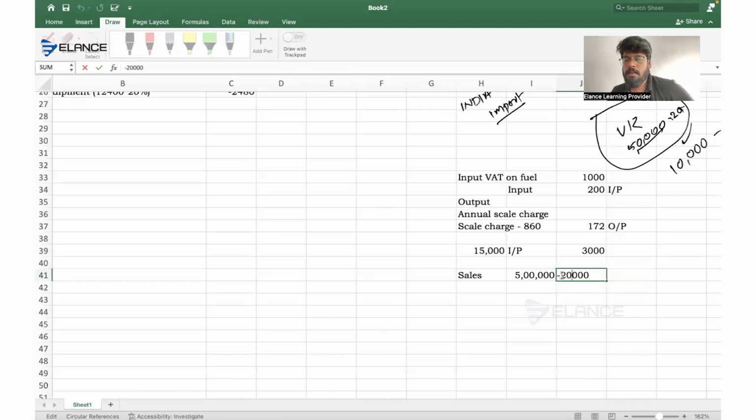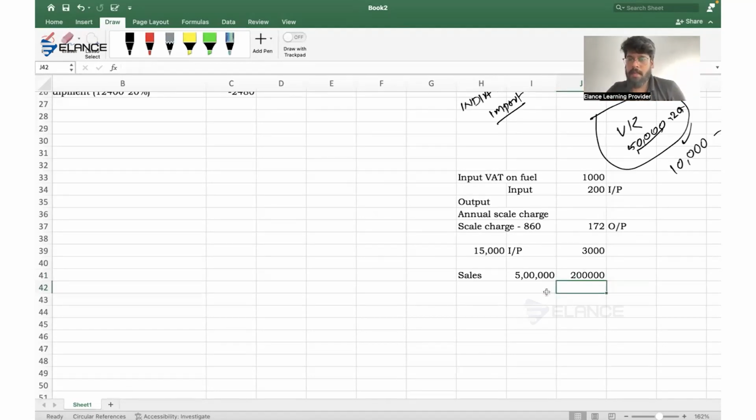And if we have made any credit sales, we should pay the output VAT to HMRC. If we are making any sales, we should pay the output VAT to HMRC. It doesn't matter whether you collect the VAT or not. If you have made the sales, we are liable to pay the output VAT to HMRC.